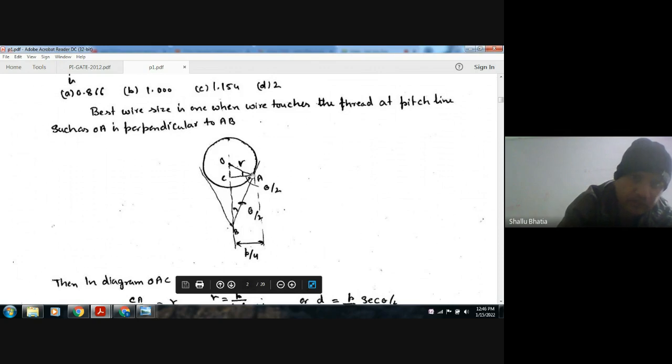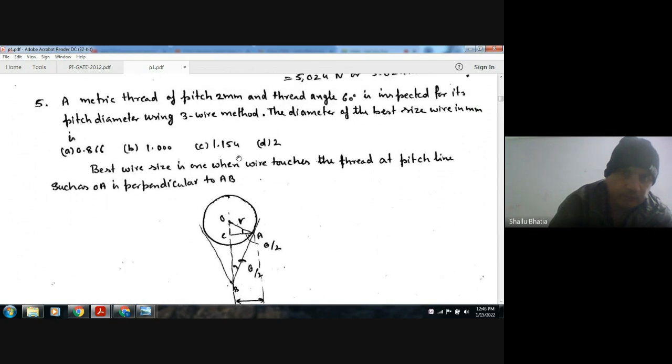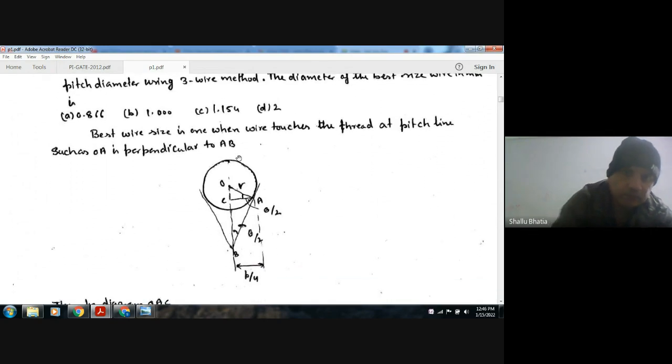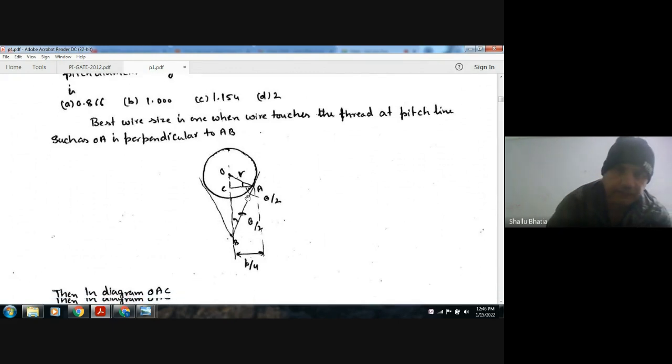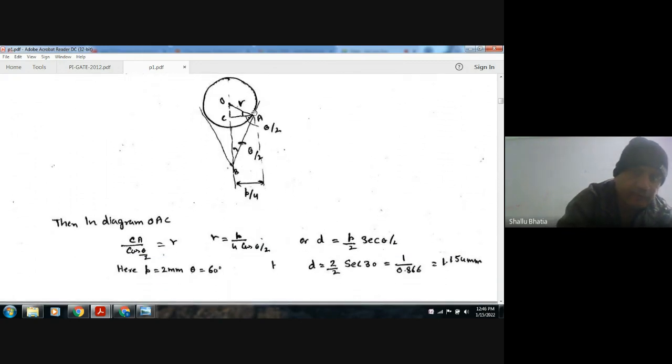So this will be p by 4, and P is 2 mm, so this is 2 by 4. And this angle is known, that angle is 30 degrees, so we can find out R. So CA divided by cos theta by 2 is equal to R. Okay, CA will be P by 4.